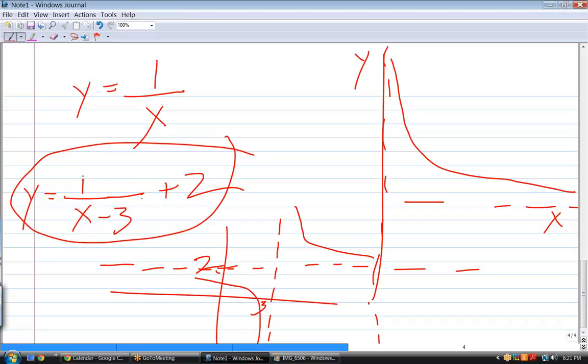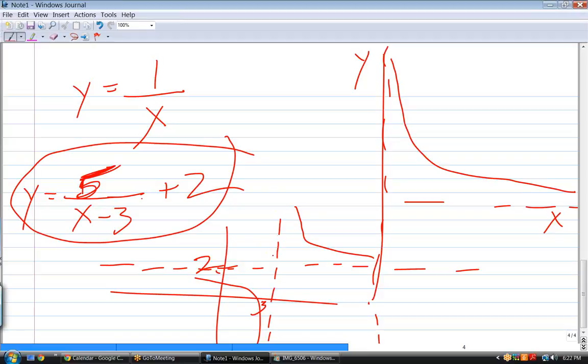Now, if I put one more number here, let's make this a 5. All that 5 is, is a vertical stretch factor of my hyperbola. It doesn't affect the general shape. I mean, it affects the shape, but it doesn't affect the general layout.